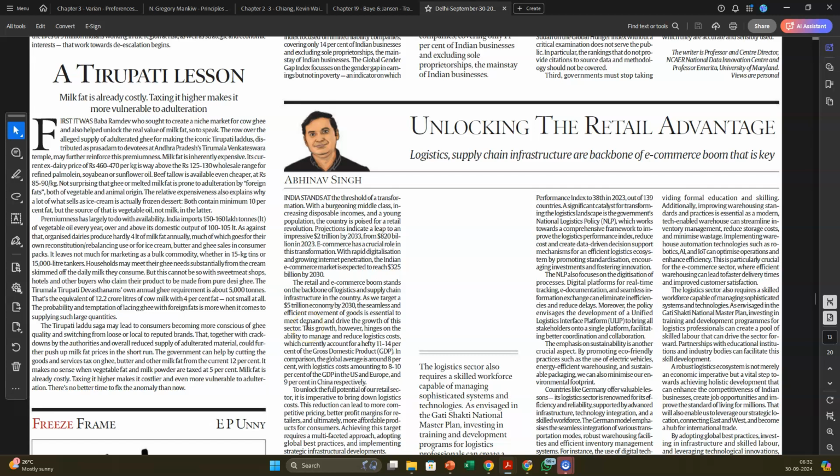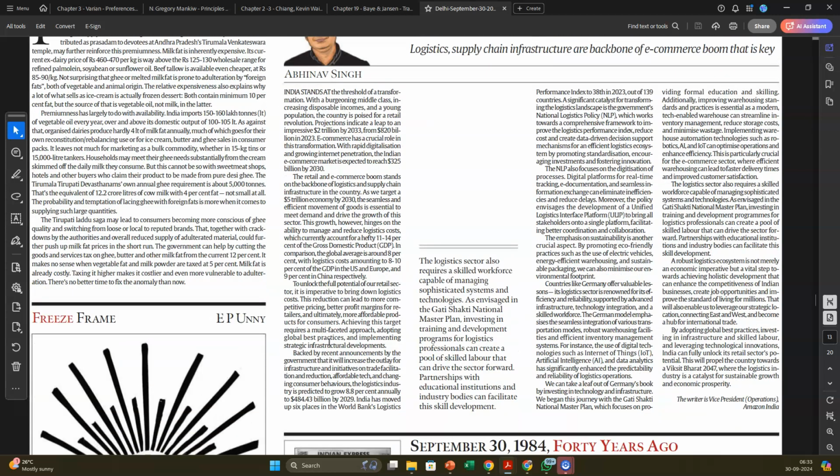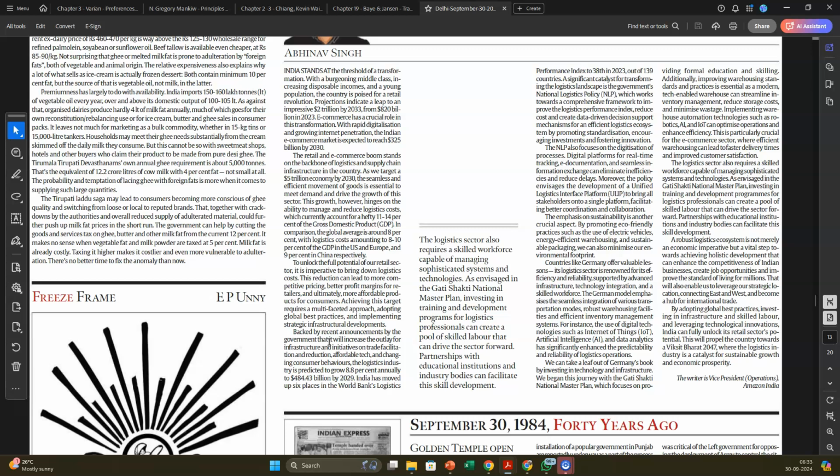At the same point of time, this e-commerce is going to reach around a 353.25 billion dollar economy, which will help us become a $5 trillion economy. But the issue is that our logistics costs are quite high as compared to other countries like the US, Singapore, China, Europe.